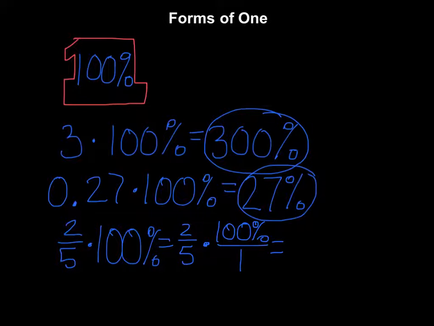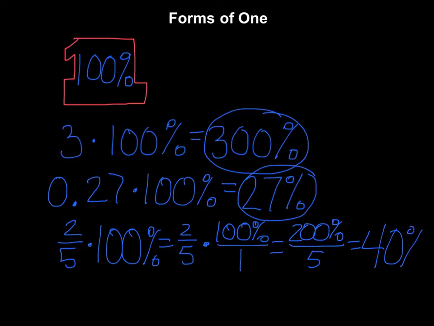Now if we multiply, 2 times 100 is 200, and the percent sign tags along. And in the denominator we have 5 times 1 is 5, and then fractions mean division, so 200 divided by 5 is 40, and the percent sign tags along. So 2/5 is the same as 40%.